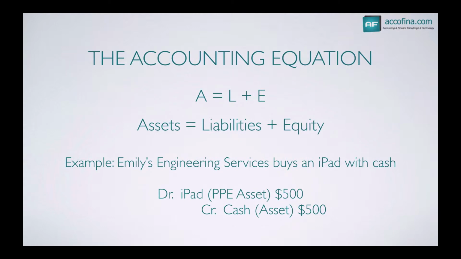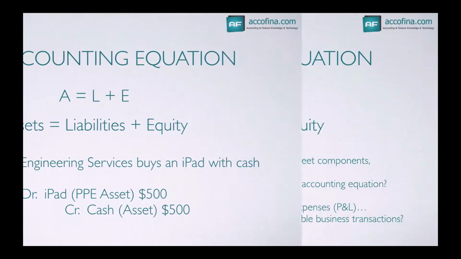PPE stands for property, plant and equipment. So we debit the iPad, $500, or we debit the PPE asset, $500. And we credit the cash, which is also an asset, for $500. So we have at least one debit, at least one credit, and the credits are equal to the debits, and vice versa.